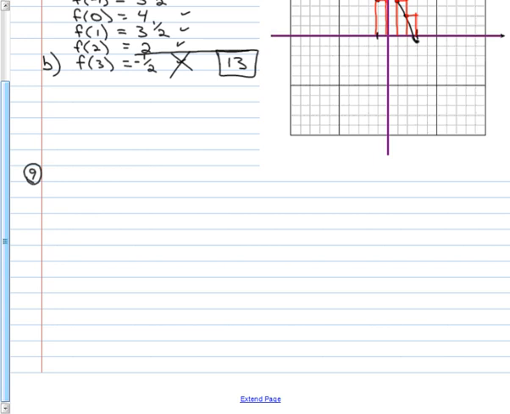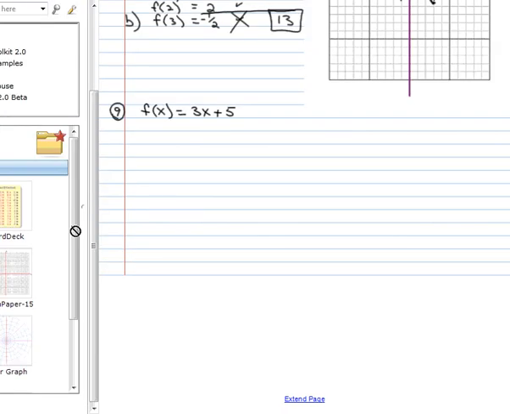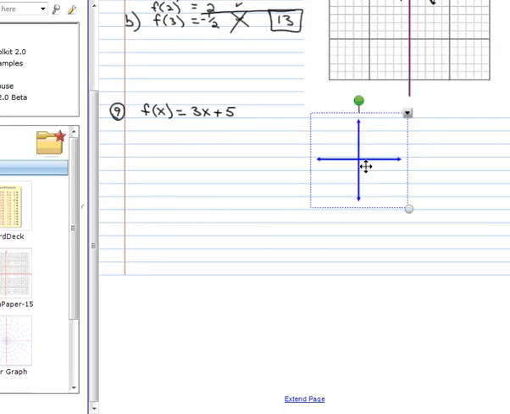Estimate how you can find the area under the graph of the function f of x equals 3x plus 5, from x equals 0 to 2, by looking at the graph and using mental computation only. Well, let's do a little sketch then. That 3x plus 5 is a line, right?